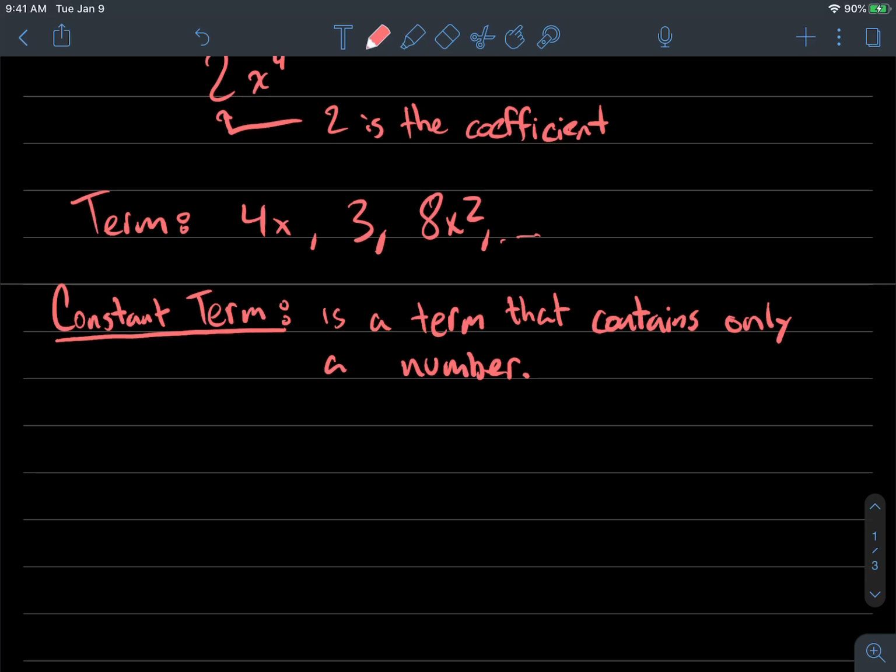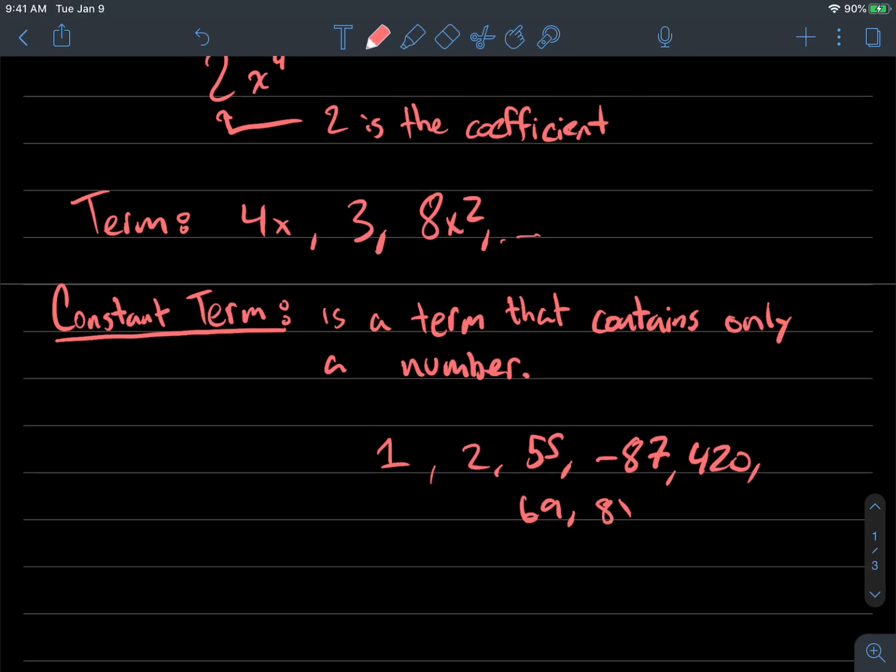So it's any number: 1, 2, 55, negative 87, 428, 69, 8, and 81. Anything like that. The constant terms are just numbers, basically.